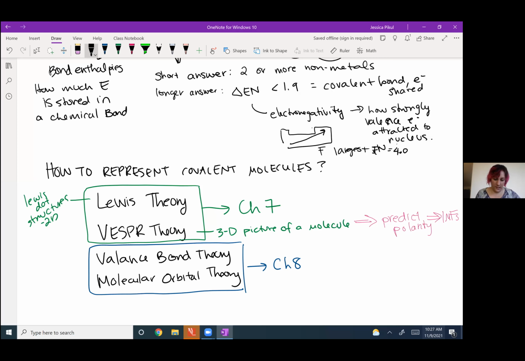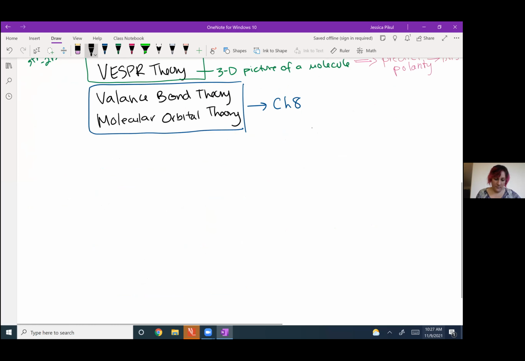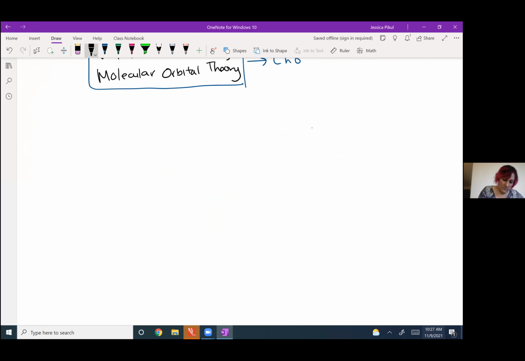Okay, let's start with Lewis theory. So this is really a bookkeeping method. I'm going to keep track of some electrons, kind of like electron configurations, right? Clearly chemists like tracking where electrons are, even though we have no idea where they are.